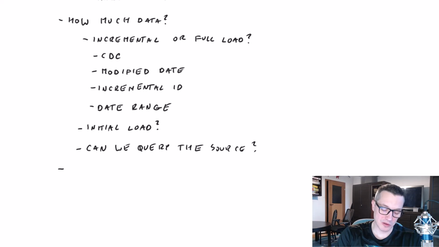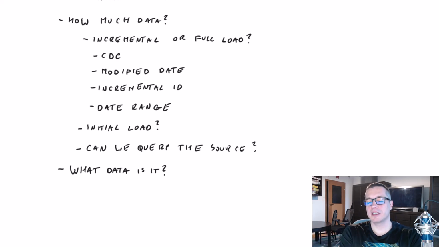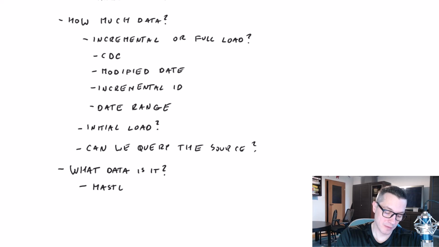All right, so next, what we should check is what type of data it is. So what data is it? And now, at this moment, we don't have to have a full understanding of every column. Not yet. But this general knowledge about this source is important. So you might want to classify it under, let's say, master data, like a list of customers, list of products.